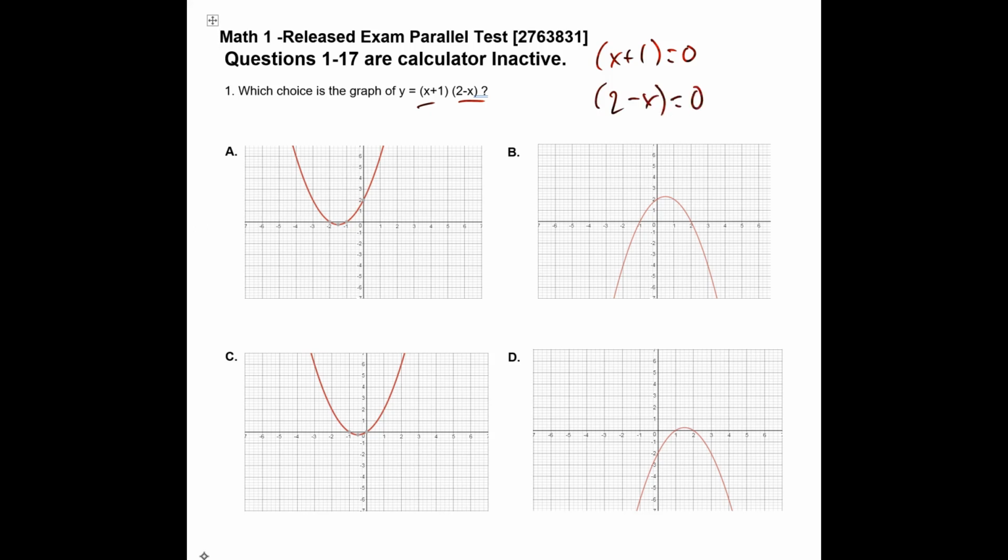What makes that 0 is -1. So we know one of the roots is -1. X equals -1. What makes this 0? X equals 2. So in this problem, we can just start there. Which problem has the roots of -1 and 2? -1 and 2 has to be B.